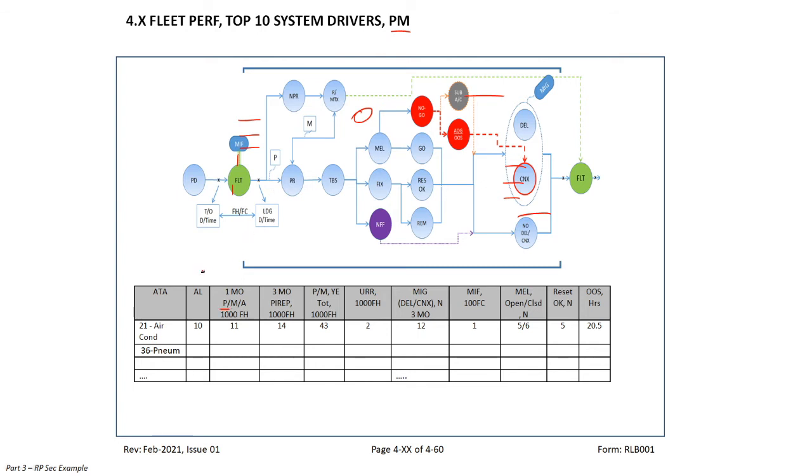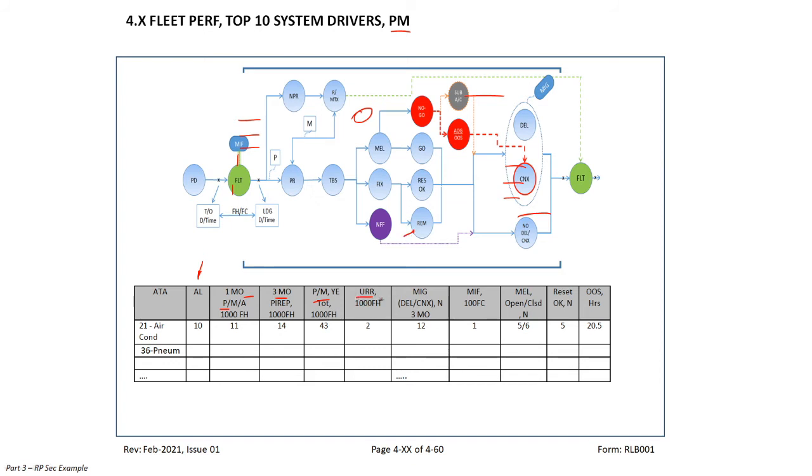Actually, number 1 I put here alert level, but to see the performance from a performance perspective, right? Reliability characteristics. We have here 1 month PyRep, MyReps, 3 months PyRep, MyReps, total PyRep, MyReps, or last year PyRep, MyReps.